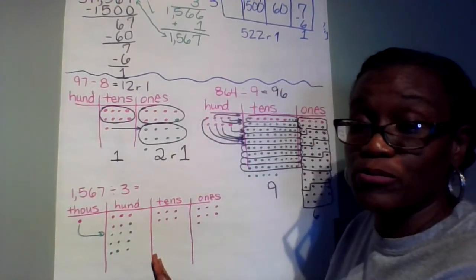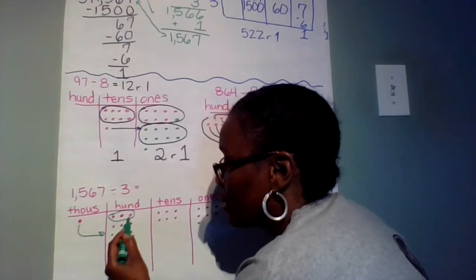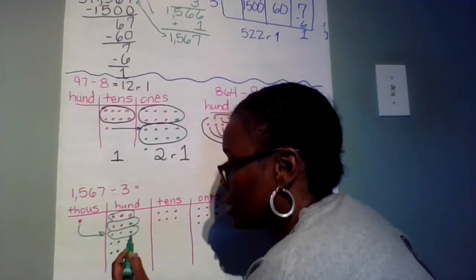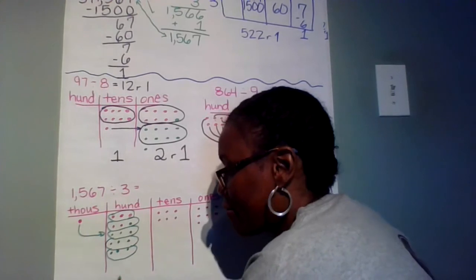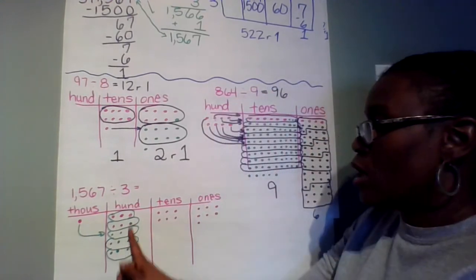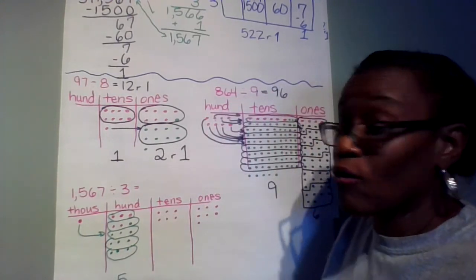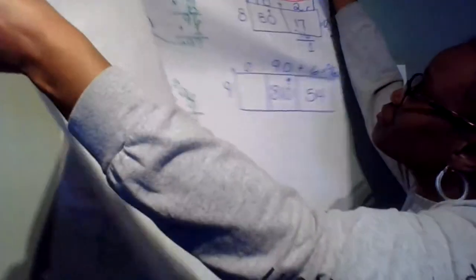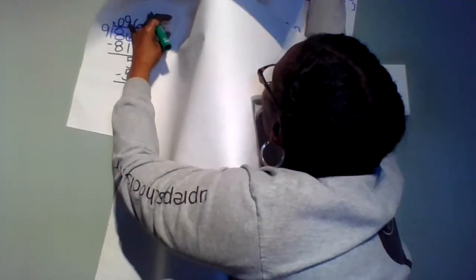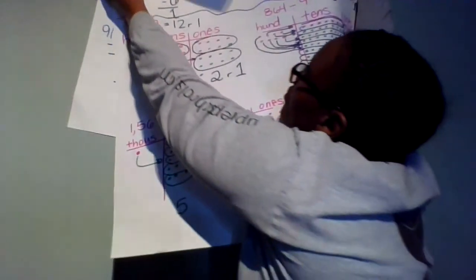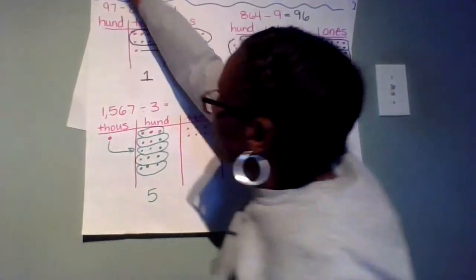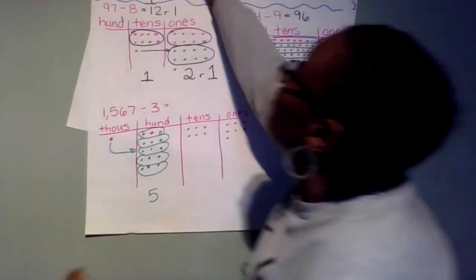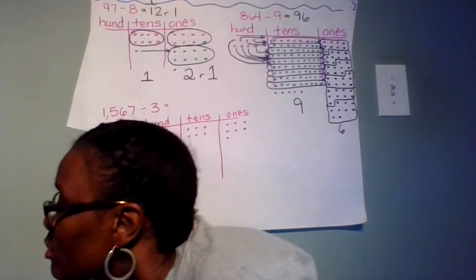I'm going to make my groups of 3. I have 1, 2, 3, 4, 5. I have no hundreds left over. Let me move this up just a little bit. Sorry about that.